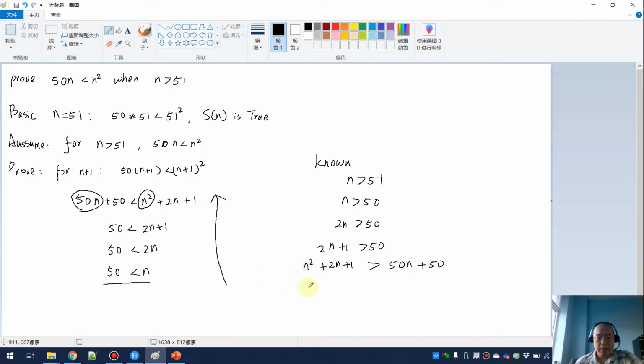So yes, and then (n+1) squared is greater than 50(n+1). Okay, so this is exactly what we want to prove. We want to prove that for n plus 1, 50(n+1) is smaller than (n+1) squared. And then I just proved that, which is this part.